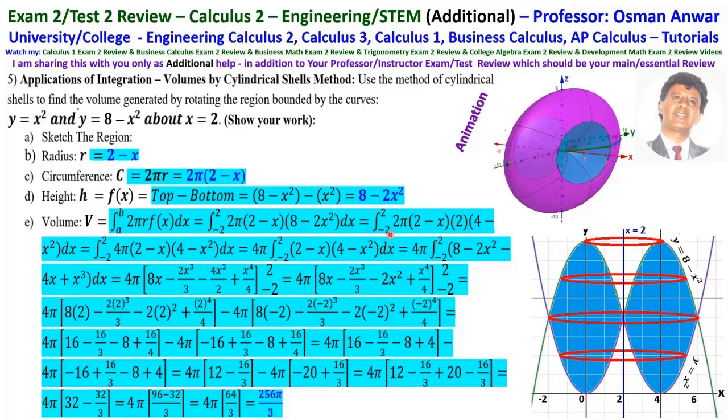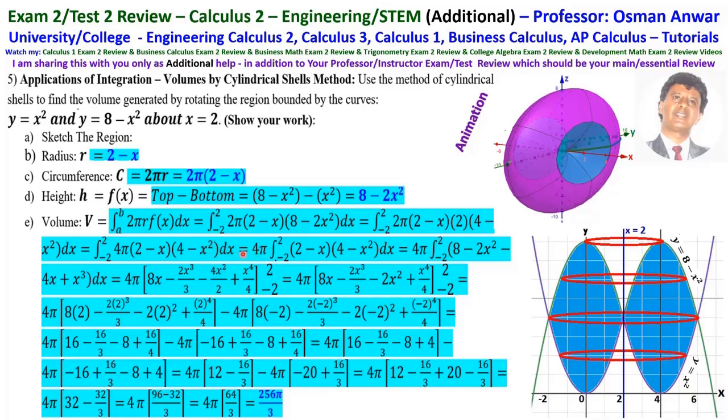So that's the integral from minus 2 to 2 of 2 pi times (2 minus x) times (8 minus 2x squared). We can factor out a 2 from this, giving 2 times (4 minus x squared) dx, which is equal to the integral from minus 2 to 2 of 4 pi times (2 minus x)(4 minus x squared) dx.